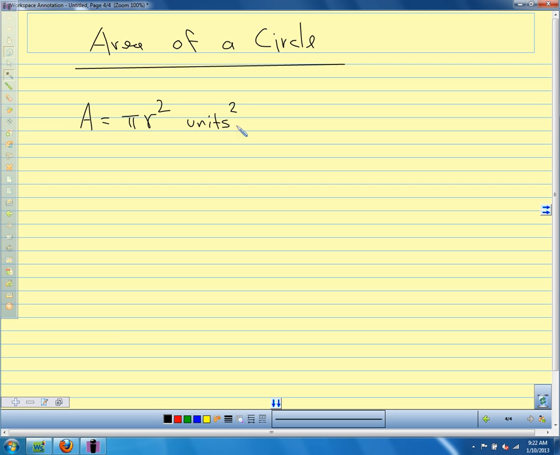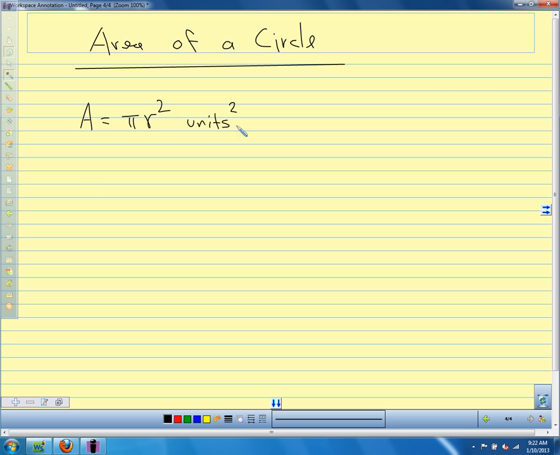That's what area really means. So if we're talking about square inches, how many little squares that are an inch by an inch could we fit inside that circle? That's kind of funny, talking about squares and circles at the same time, but that's what we're talking about.